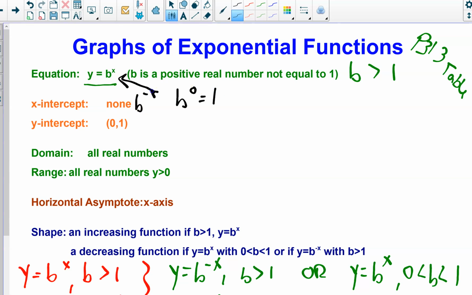B to a negative x is going to be a fraction. And b to a positive x is going to be a positive number. And notice that there's no x that I could put in that would make the output 0. So y equals 0 is going to be an asymptote.